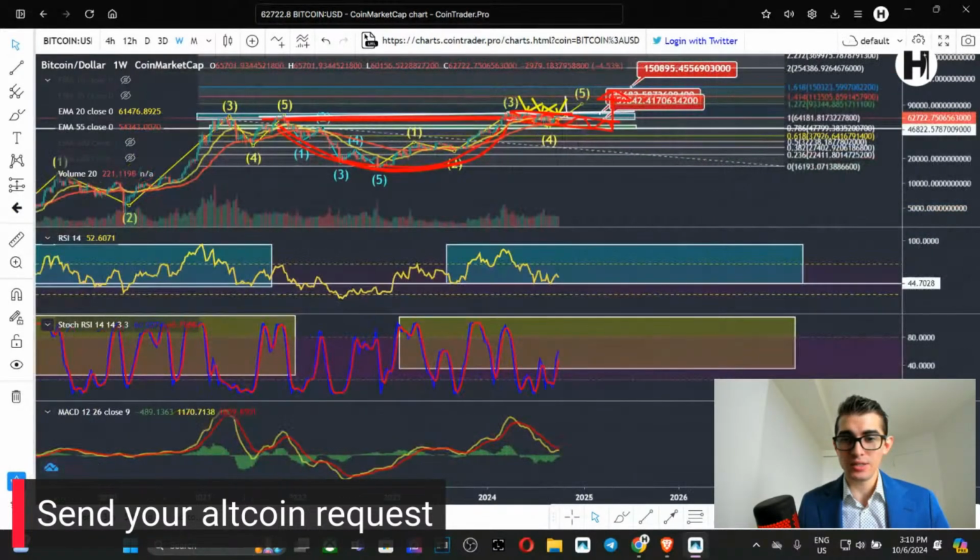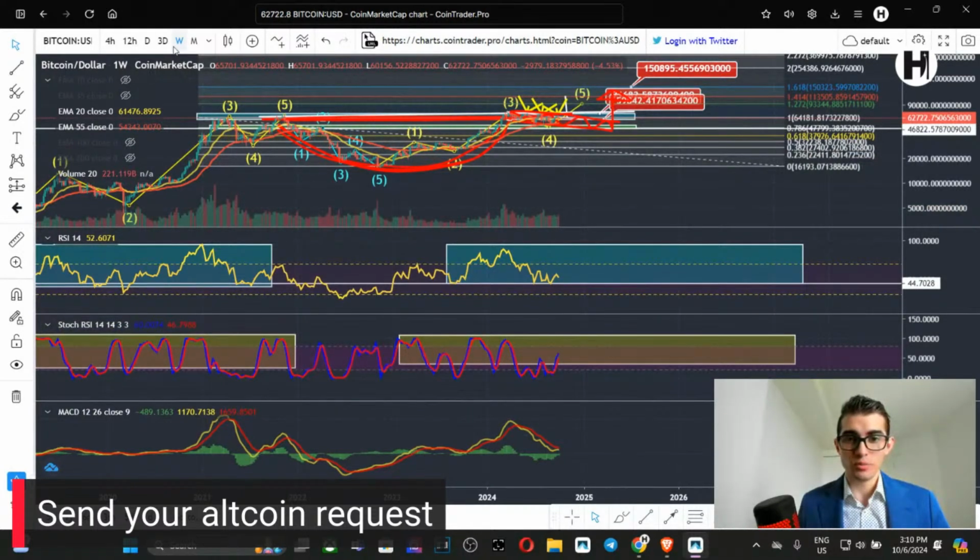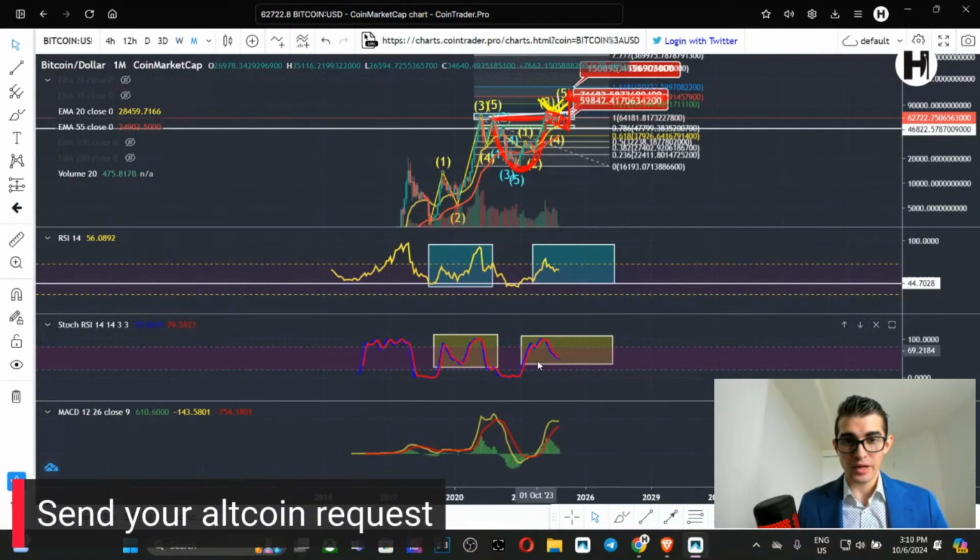If we take a look at the stochastic, let's actually switch to the monthly here, from that to the first half of 2024, and we're probably not going to come back down as low as we were back in 2022.